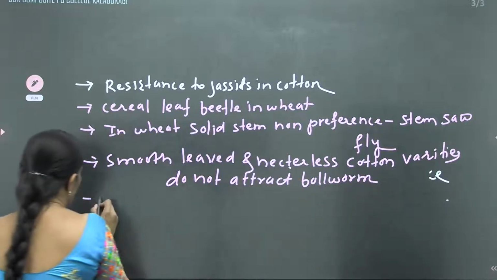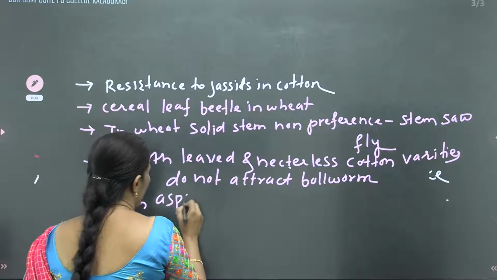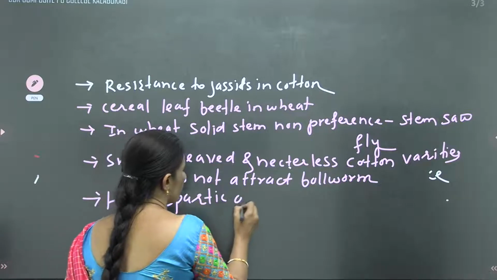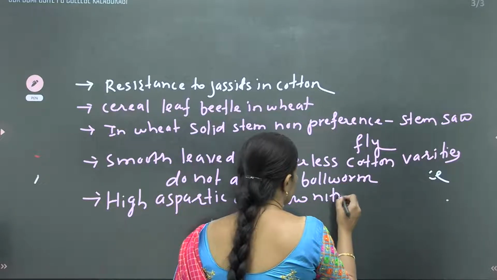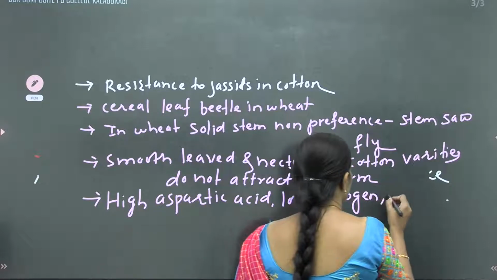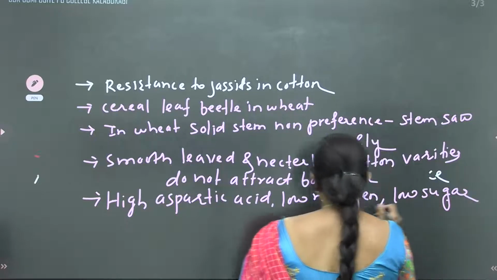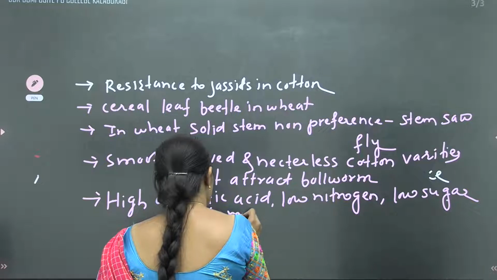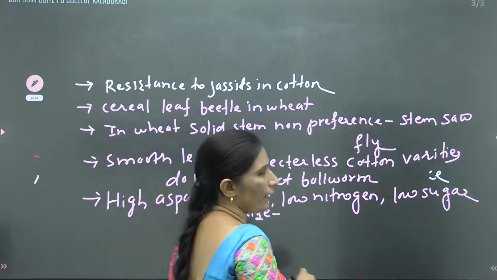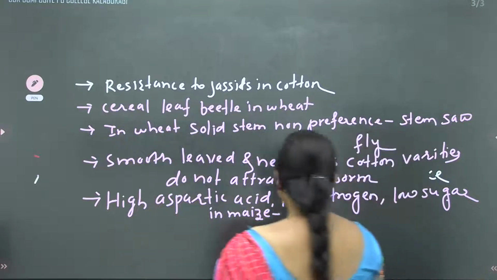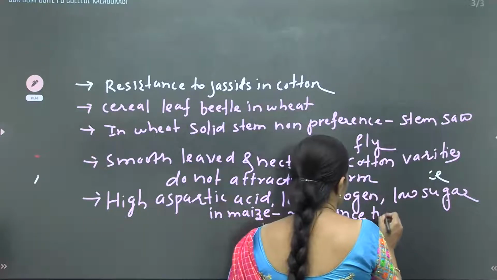Then the last one is here the high aspartic acid, low nitrogen, low sugar content in maize, resistance to stem borer.